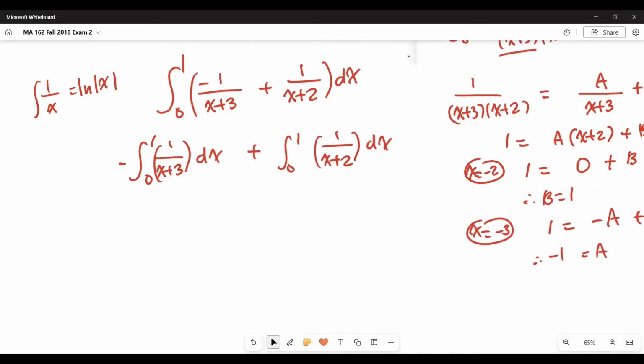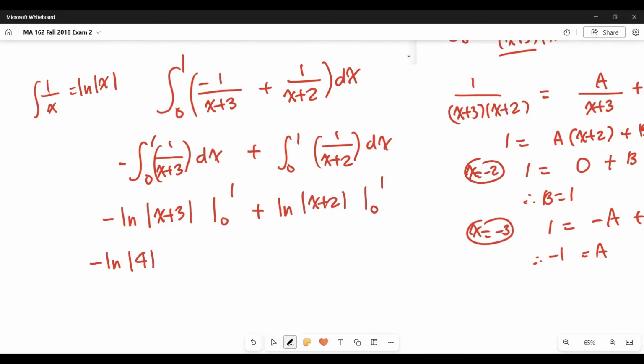So this thing is just -ln(x+3) from 0 to 1 plus ln(x+2) from 0 to 1. Plug in the numbers: -ln 4 plus ln 3 plus ln 3 minus ln 2.